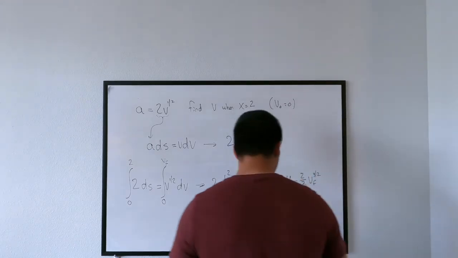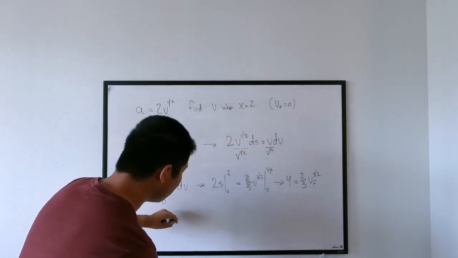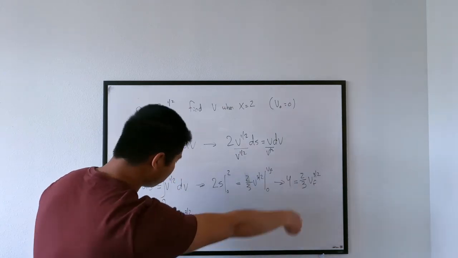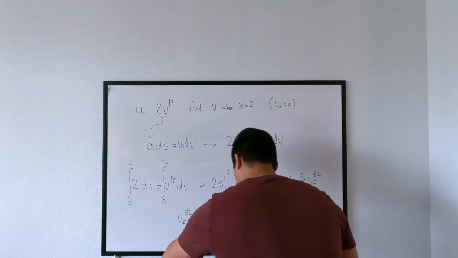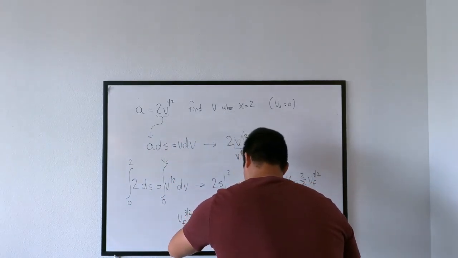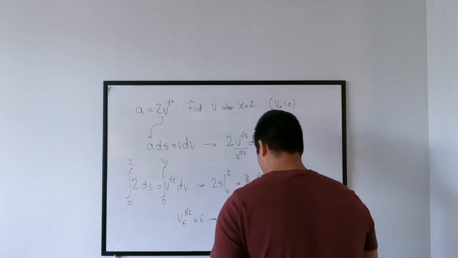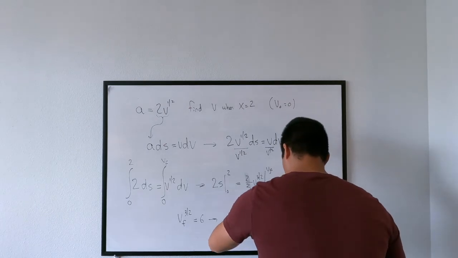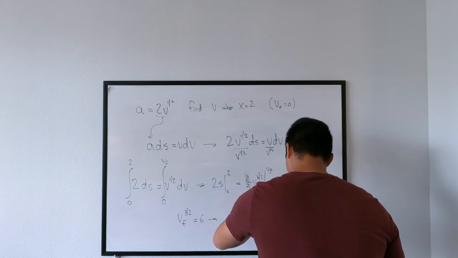Of course, solving for that, we get vf to the 3/2 equals 6, and then vf is equal to 6 to the 2/3, which I found to be approximately 3.3 meters per second.